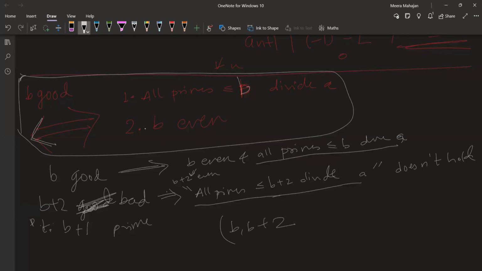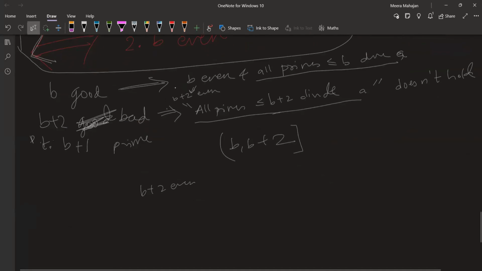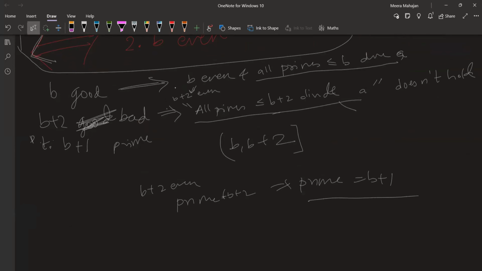And this prime must lie between b and b plus 2. And as b plus 2 is even, the prime cannot be b plus 2, and hence the prime must be b plus 1. The prime as in the prime for which this does not hold.